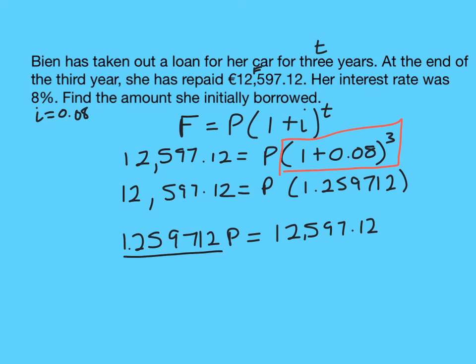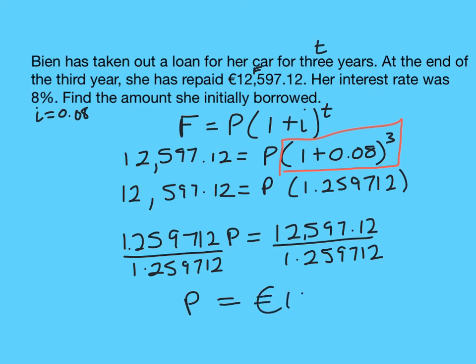In order to get P by itself, I divide by the number that's in front of it. 1.259712, and if I do it to one side, I must do it to the other. 1.259712, and I'll get P is equal to 12,597.12 divided by 1.259712, and that should give me 10,000. So that was her principal amount when she first started.